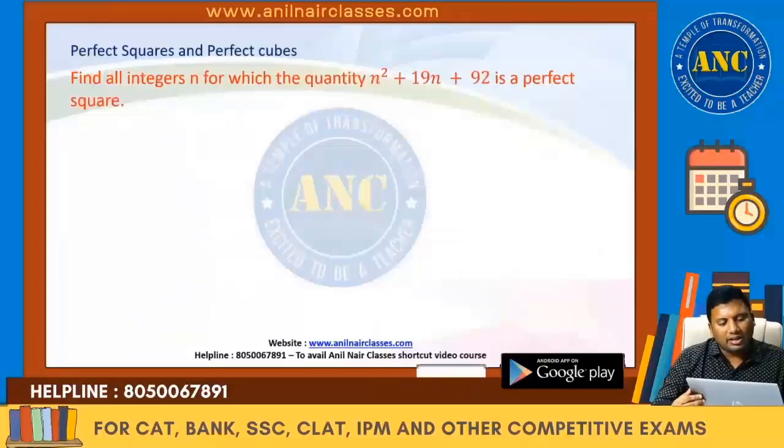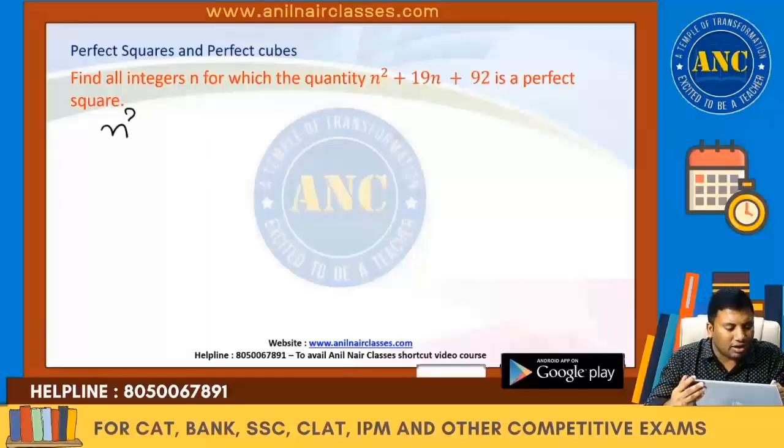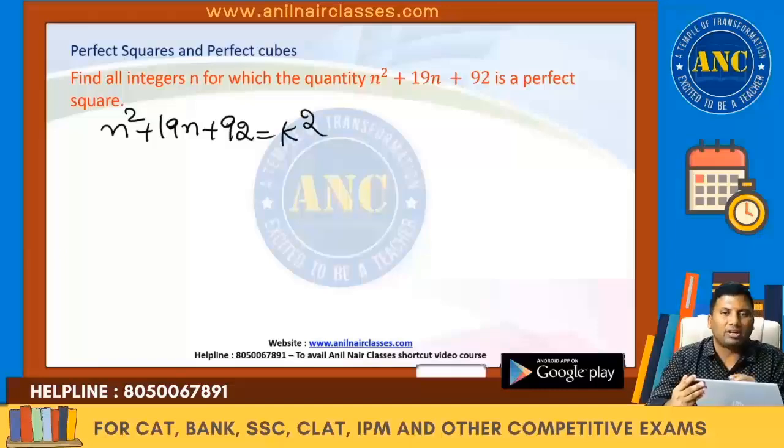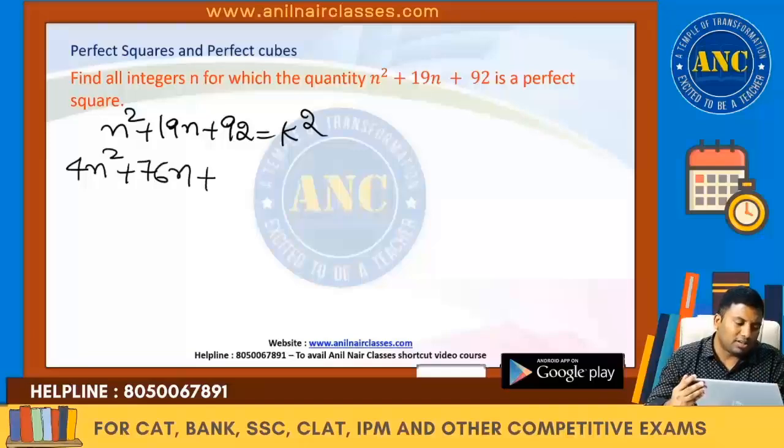Find all the integers for which the quantity n square plus 19n plus 92 is a perfect square. I will multiply with 4. I will tell you why I am multiplying. 4n square plus 76n plus 368 equivalent to k square.